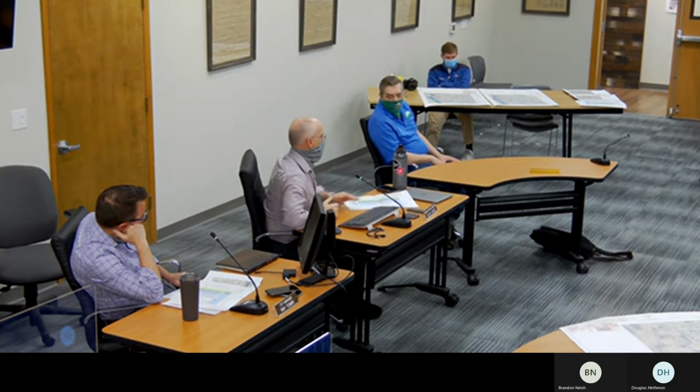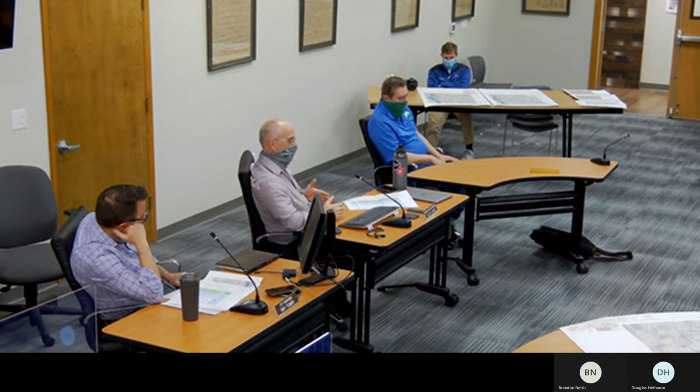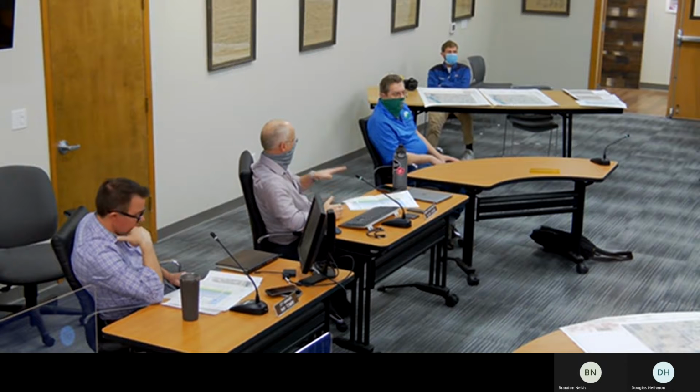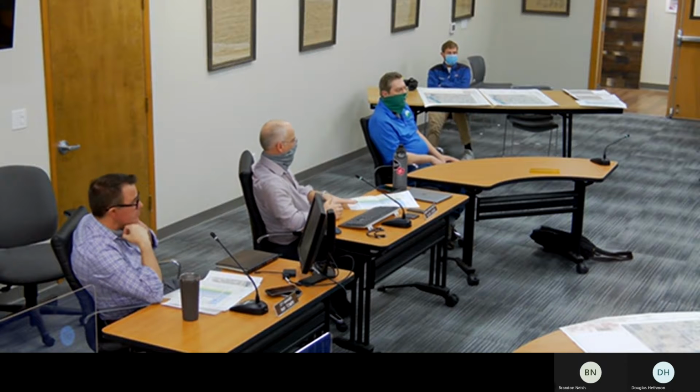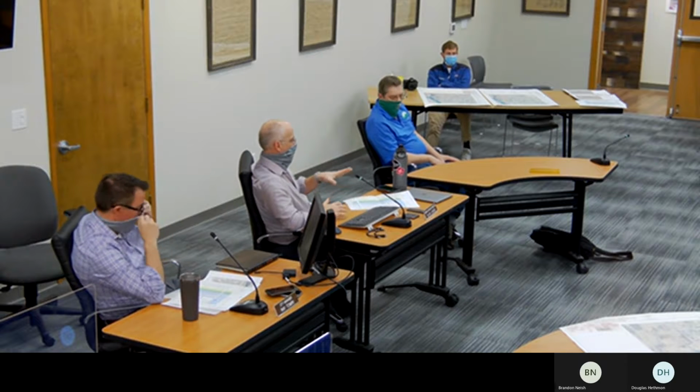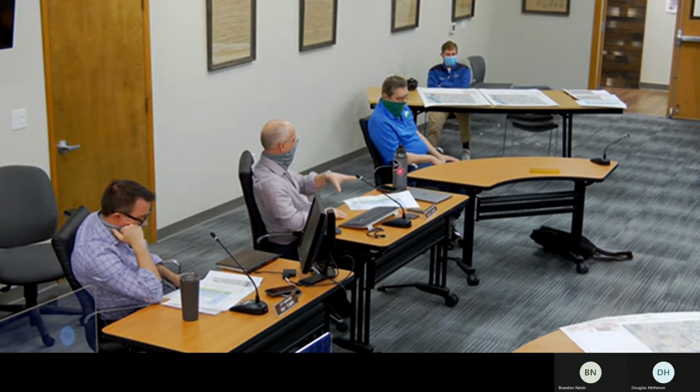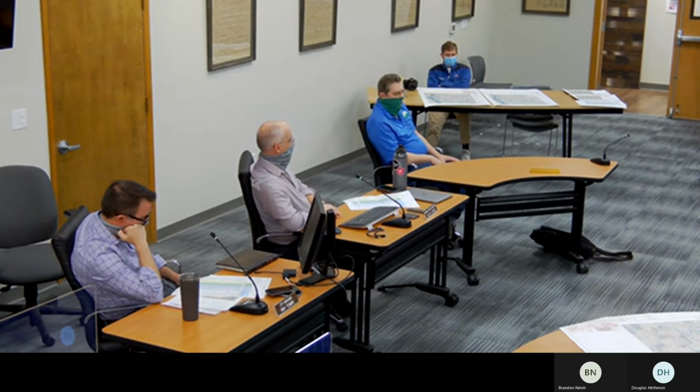The way it typically works, we do have a provision in our code with local improvement districts that if the property owner is of a certain age, you can defer it until their estate takes the property. Say it's 20 years down the road, you haven't subdivided, you're still alive, you're not in a position to pay it.